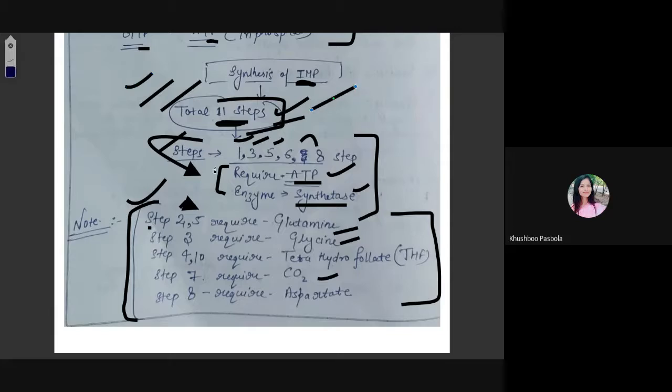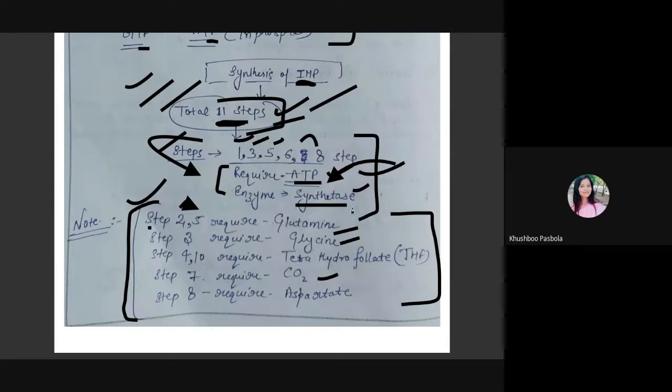Step 1, 3, fifth step, 6 and 8. So in total we have 5 steps, and they all require ATP, that is adenosine triphosphate, because you all know that we need some energy to break the bonds between the chemical moieties. So here you require ATP, right?